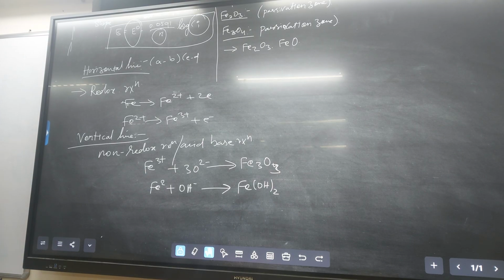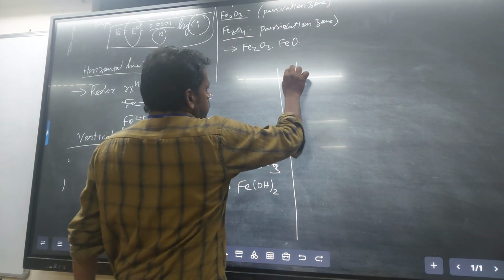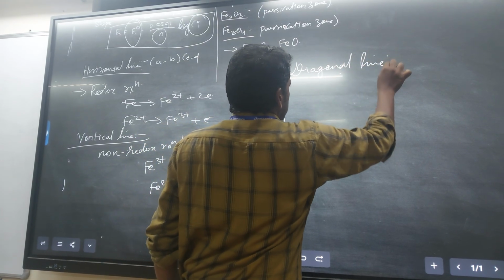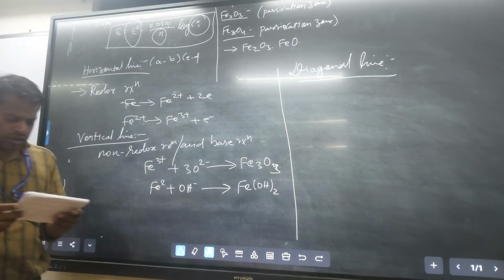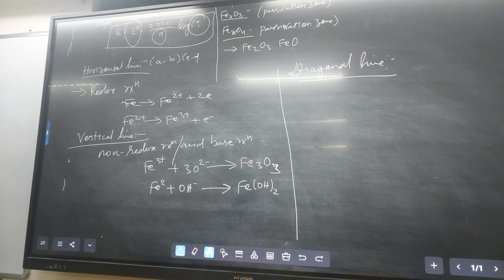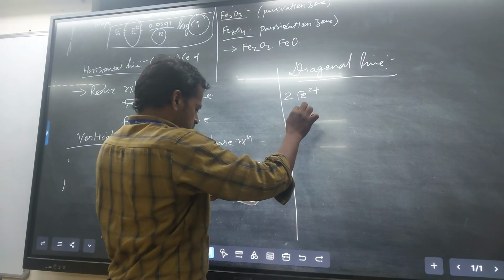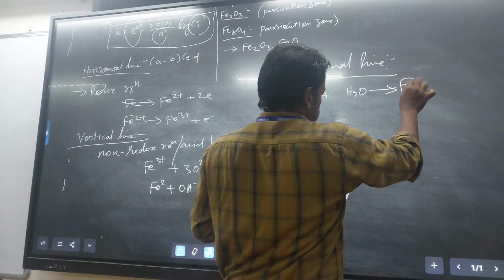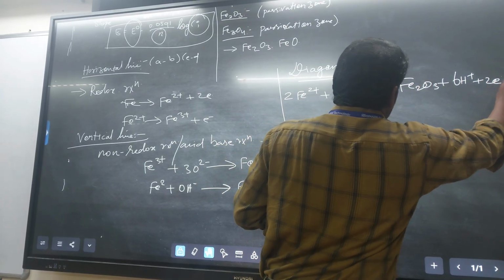And the next, the diagonal line. The diagonal line represents a redox reaction which depends on the pH. That is also an acid-base reaction. For example, 2Fe2 plus reacts with water to form Fe2O3 plus 6H plus ion plus 2 electrons.